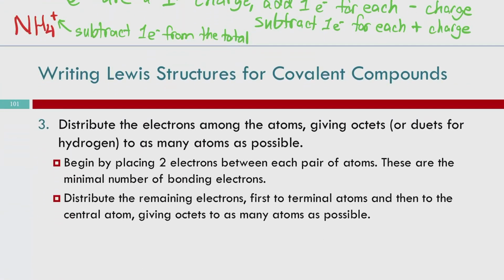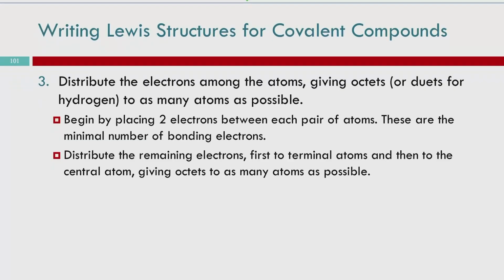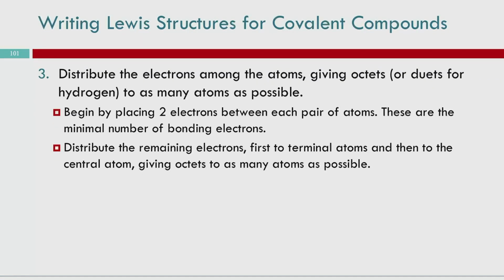Then we want to distribute our electrons. We want to give octets or duets to as many atoms as possible, whatever will make them happy. To start, we're going to place bonding electrons. If it's going to be a molecular compound, all of the atoms have to be connected.